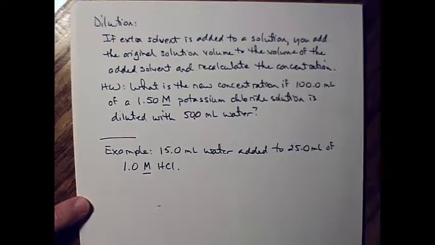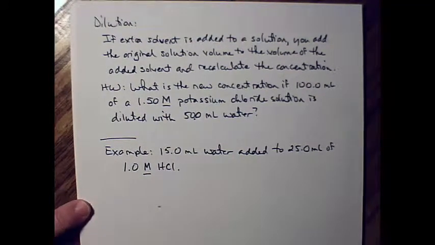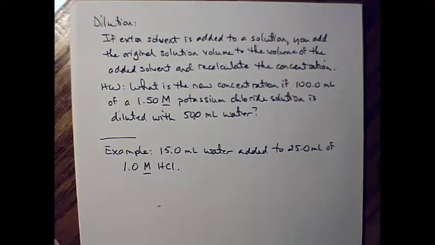So what we've got to do here is to figure out how many moles of hydrochloric acid there are in this original solution, then add up the volume of the original solution with the volume of the solvent and recalculate the concentration. Are you with me? That makes sense? We've got to find how many moles of solute there are, then we're going to add the solution volume to the volume of the solvent we're adding to it, and then we're going to recalculate the concentration.